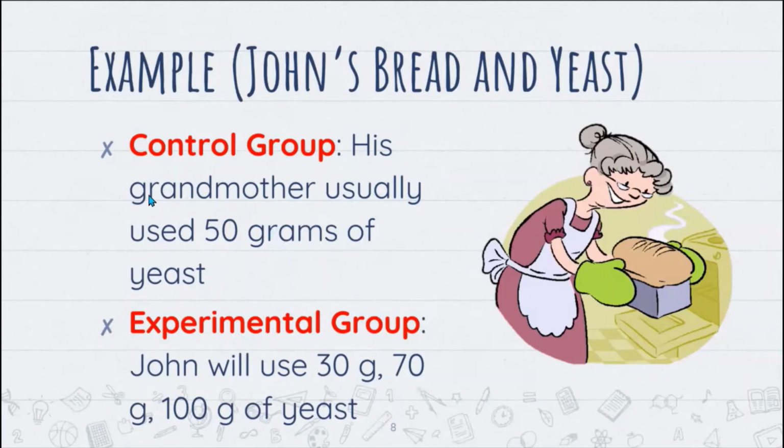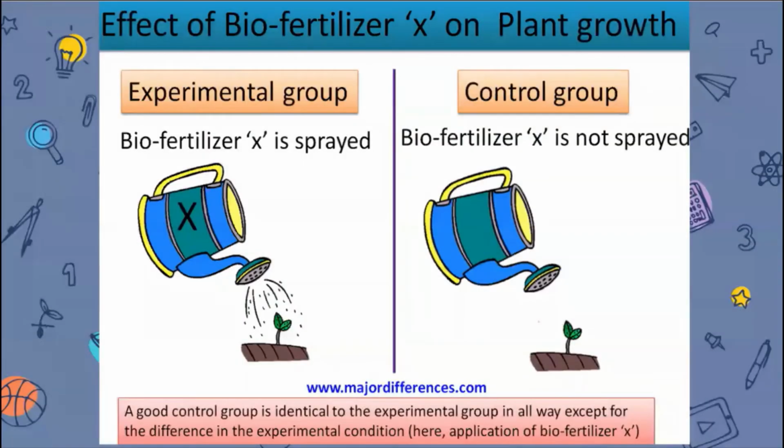Therefore, it is included in our control group. What we included in our experimental group are the amounts which are not yet tested. That's why we will compare the result of these three amounts with our control group.